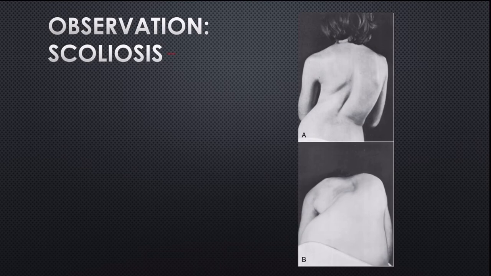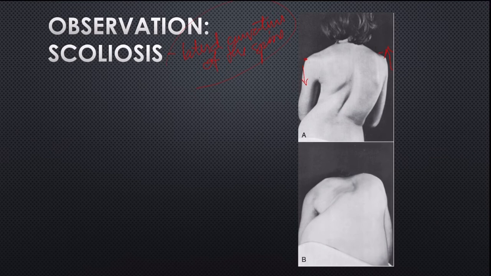Scoliosis, to define this one, is the lateral curvature of the spine. As you can see, in the posterior view, one shoulder is higher than the other. So this shoulder is elevated and this shoulder is somewhat depressed.